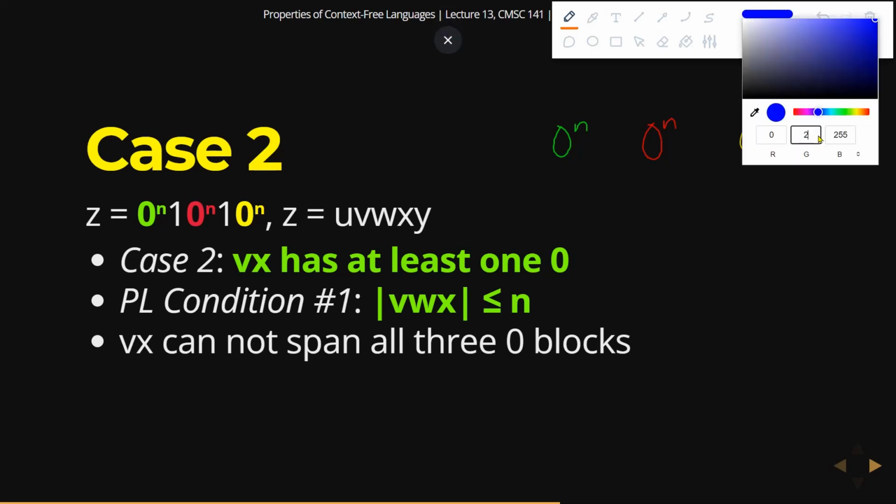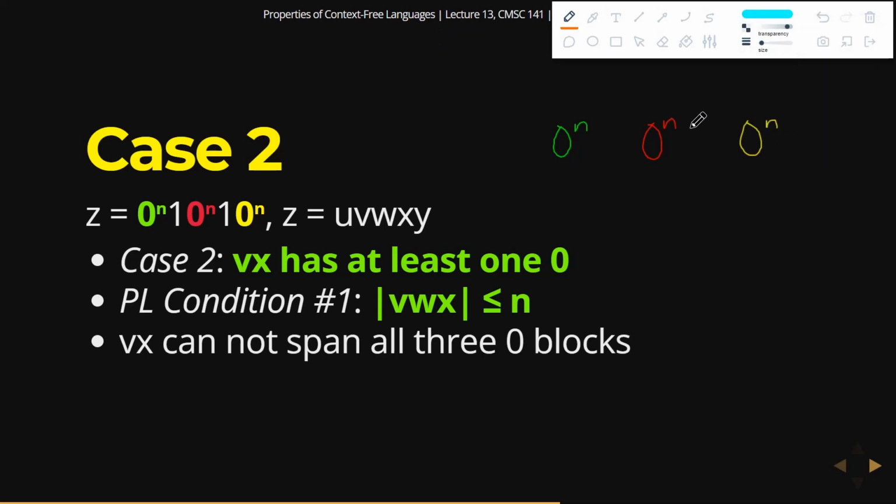Okay, then we'll add the ones. So if we had v and x, for example, if v started here, one possibility is vx could both be here in the 0^n, right? Because that's possible, because the length of vwx in that case would not exceed n.